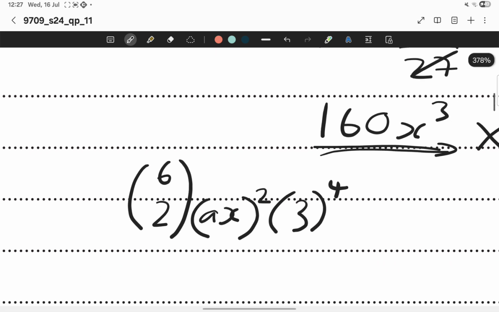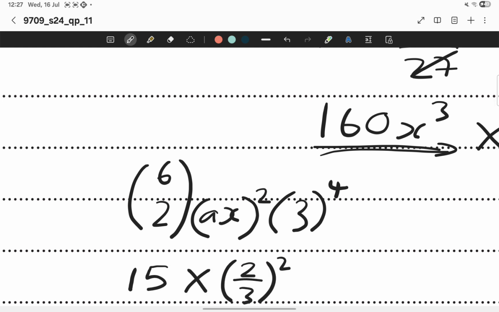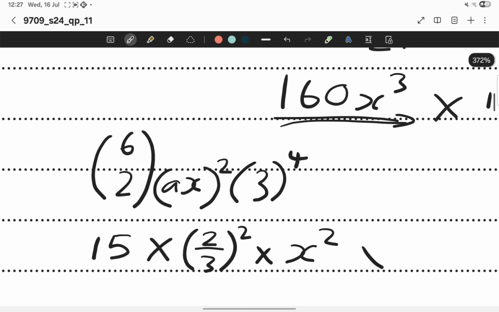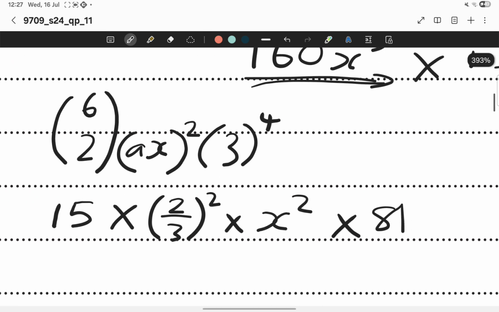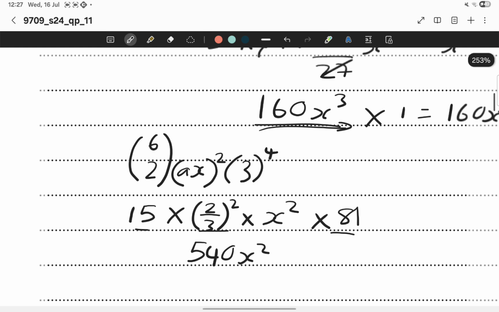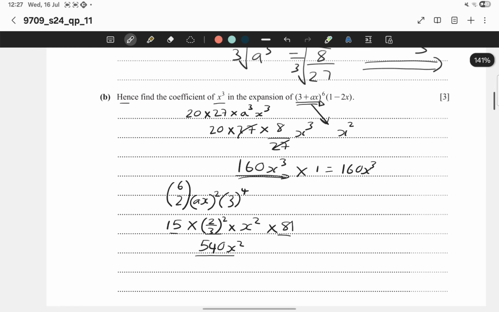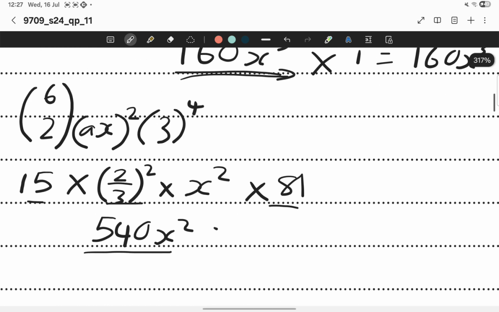Add 6 choose 2, that's 15, multiplied by 2/3, we know a is 2/3 squared, times x squared, and 3 to the power 4, that's 81. Right? And if you multiply all this, we get 540 x squared. And we know if you multiply this term with this minus 2x, we get minus 1080 x to the power 3.